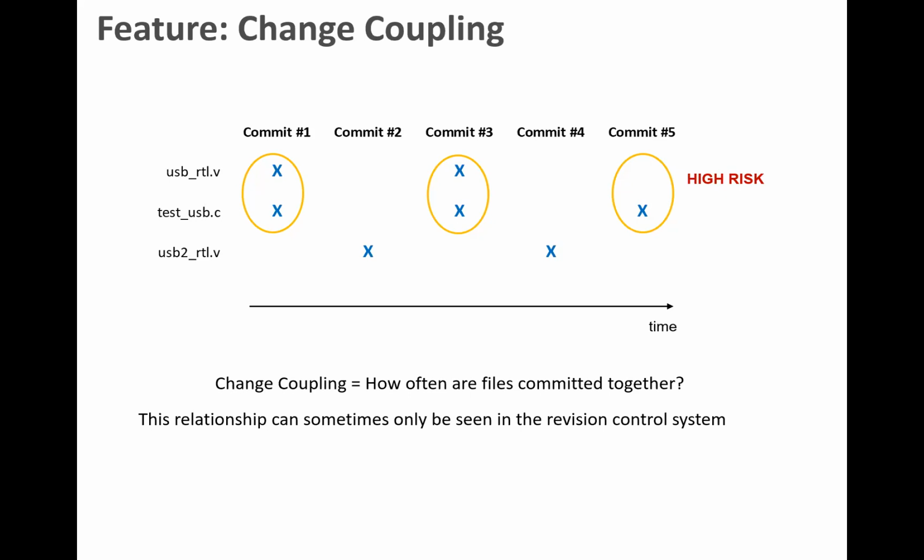If you then want to see what files are centrally located in the architecture, you use something called sum of coupling, which says which modules have change couplings with not just one file but many other files.